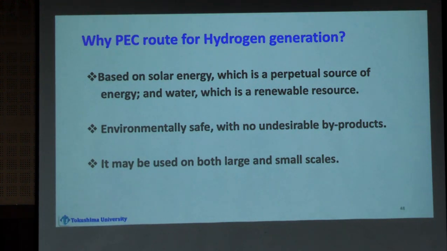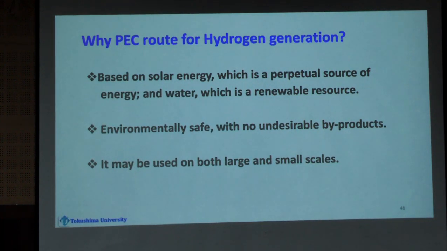That's why when I told you, you prepare nanostructure, it should be low cost, easily available. Similarly, when you think about water splitting or hydrogen generation, the raw material should be low cost and easily available. So water is easily available and environment safe with no byproduct.